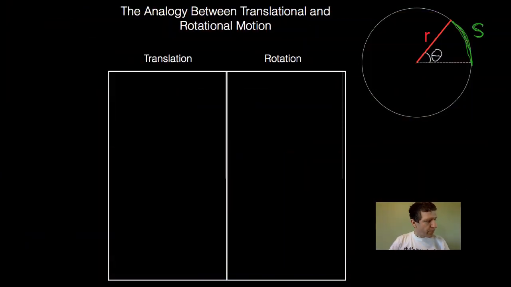Okay, we have more analogies. Let's go on to the next analogy. We also have an analogy for momentum. p is momentum. That's also a vector. We have in angular motion what we call angular momentum. We use the letter L for this.